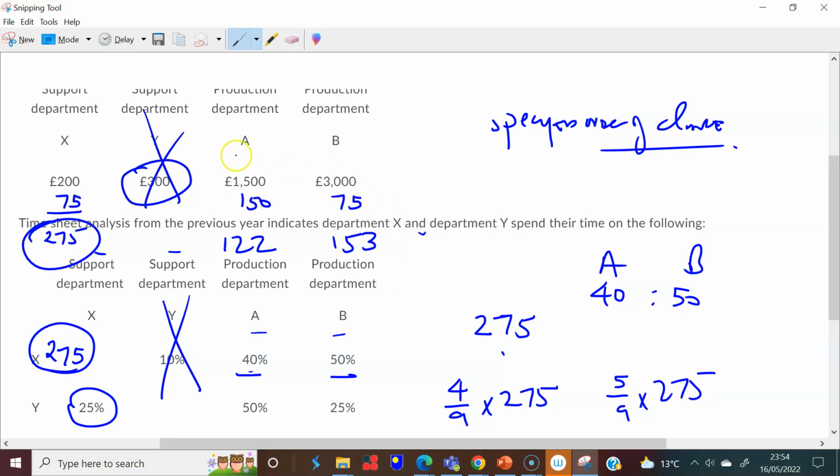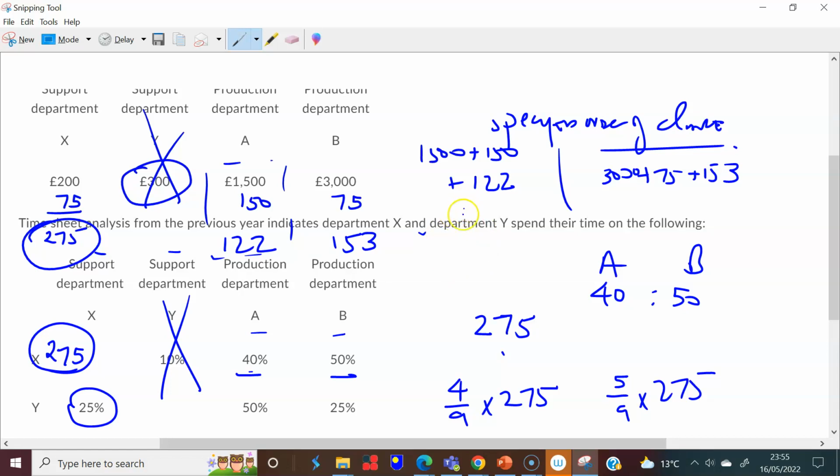Right. And so the total cost in production A is therefore 1,500 plus 150 plus 122, and the total cost in B is 3,000 plus 75 plus 153. So you have 1,500 plus 150 plus 122, and that's 1,772.